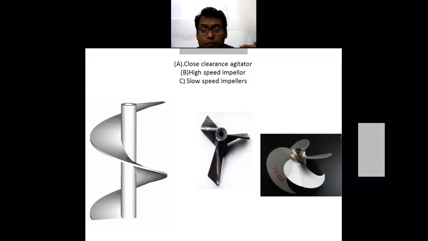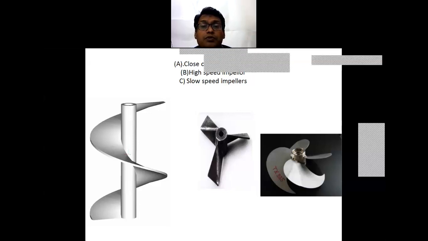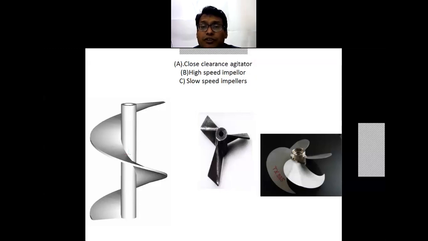The purpose of mixing can be blending of two miscible liquids, or you may simply require a solid suspension, or you may require dispersion. Then it can be a dissolution process or crystallization process, or a purpose for simple heat transfer and sometimes chemical reaction.